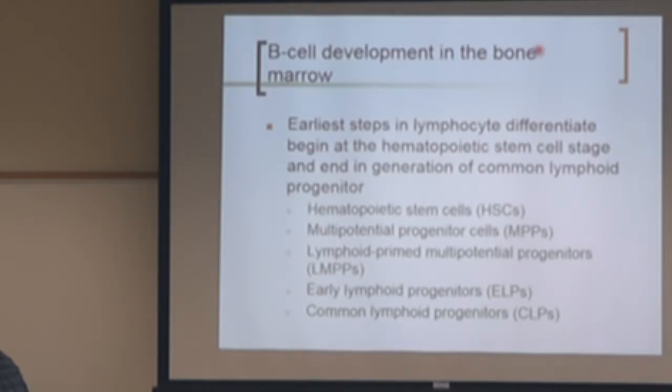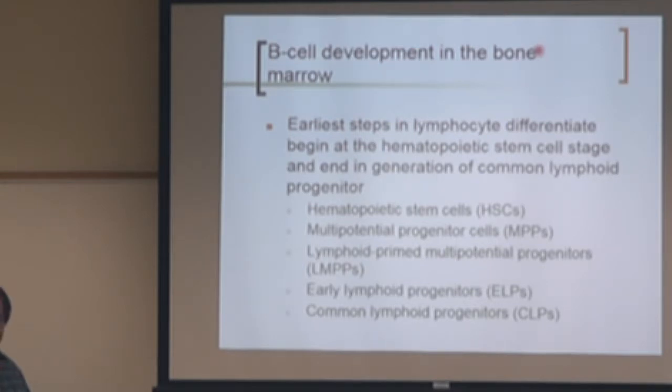But you shouldn't use them interchangeably, because a naive T cell is a mature T cell, developmentally speaking. B cells we consider immature because they're still developing, still undergoing positive and negative selection at this point.